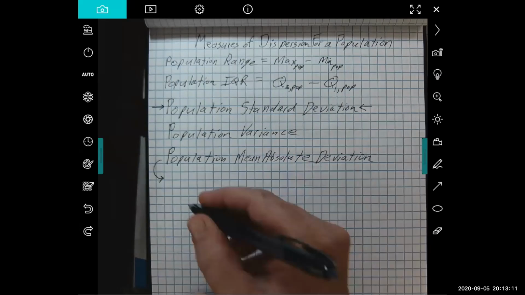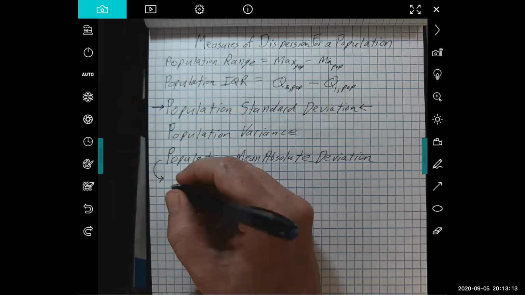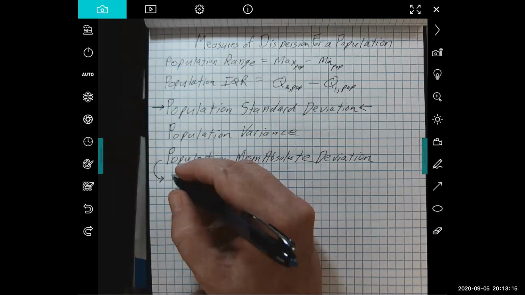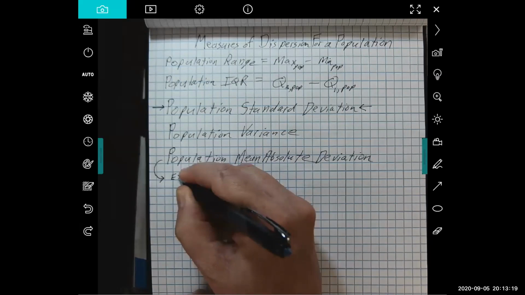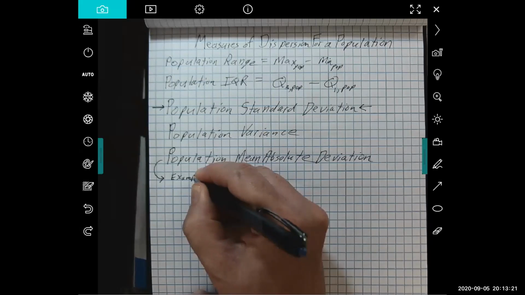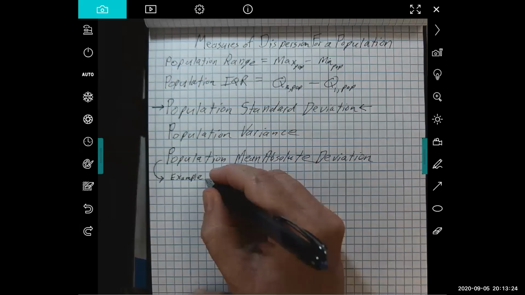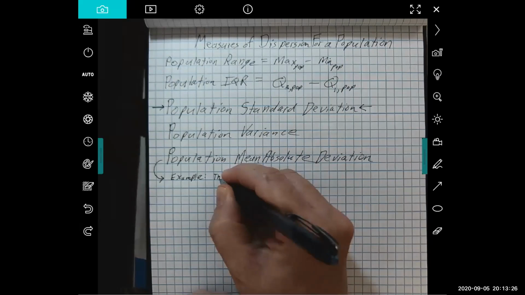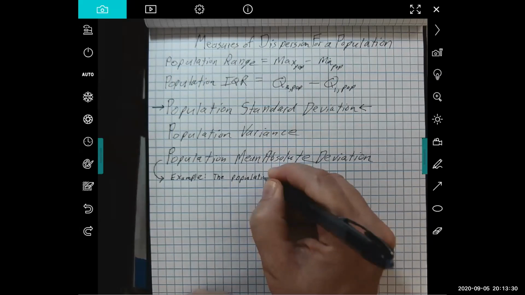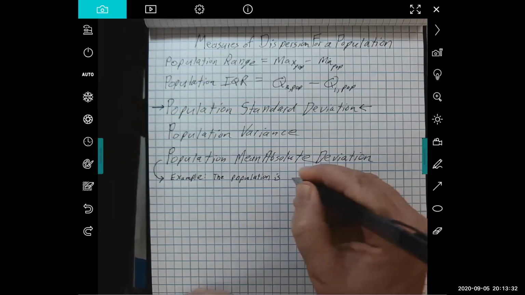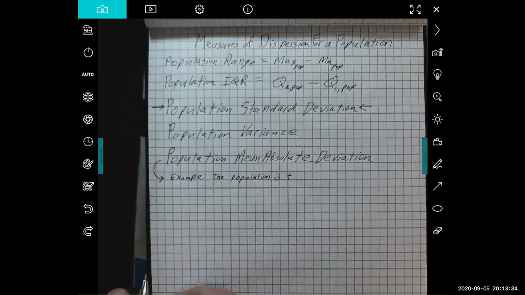So let's consider, maybe we have this little population. Maybe the population is the set of all the students in our class.